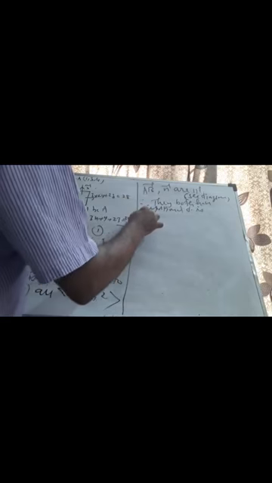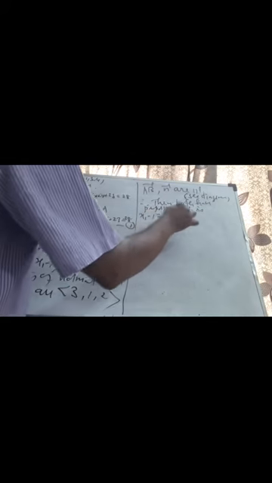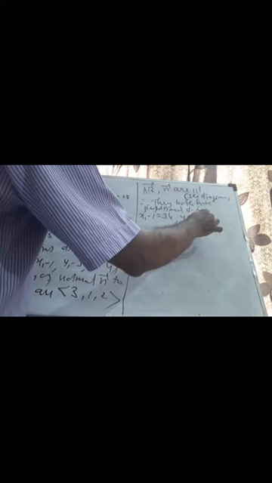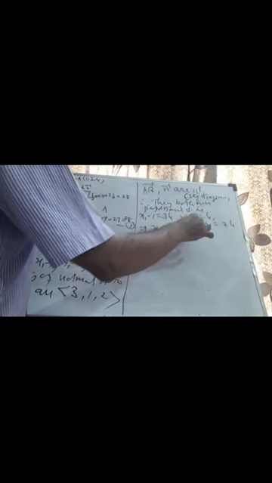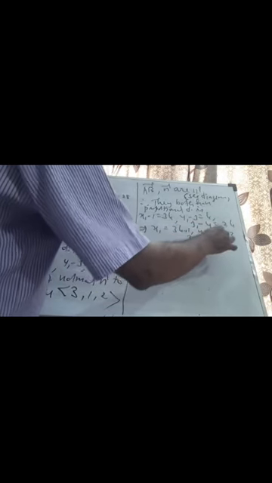Therefore, I write x1 minus 1 is equal to 3k, y1 minus 3 is equal to k, and z1 minus 4 is equal to 2k, which implies x1 is equal to 3k plus 1, y1 is equal to k plus 3, z1 is equal to 2k plus 4.